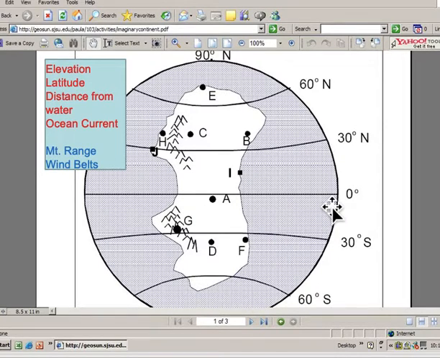Now, this example is what you might find on a Regents-style question. They might give you a continent like this that is imaginary and have a bunch of different cities labeled on here with letters, and they're going to ask you to compare and contrast the climates at the different cities using your climate factors.